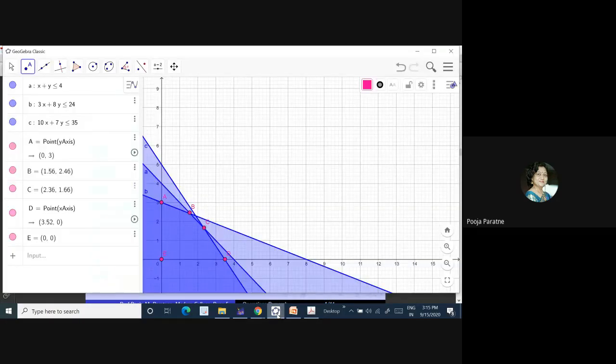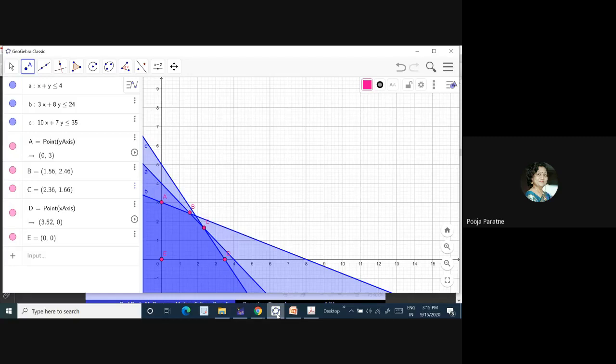The importance of this graph is only to detect the common feasible region, which is the important part of this example. Because if you cannot find a common feasible region, you will not get the vertices, and if you do not get the vertices, how do you find the coordinates and check the values?